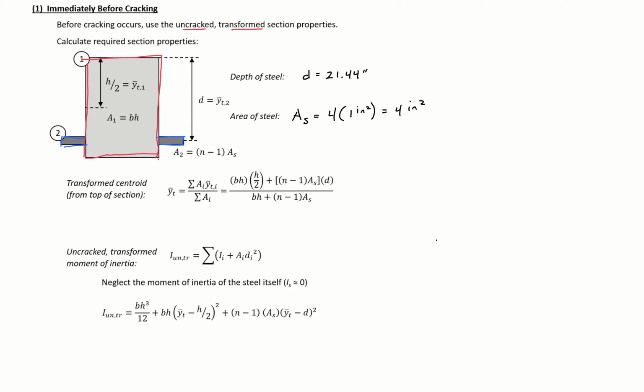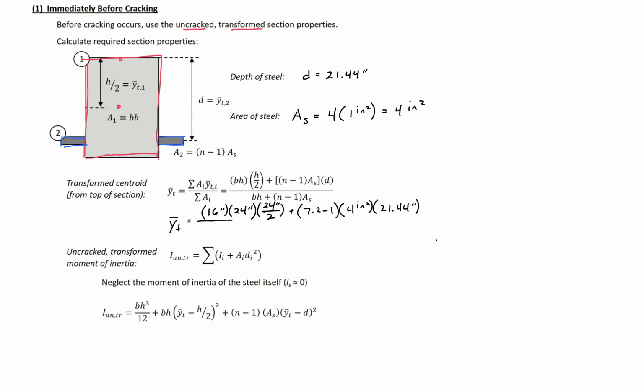And the centroid is just going to be equal to the summation of these areas times the distance from the center of the area to the top, divided by the summation of these areas. So for us, we'll have our yt equal to our base times our height, 24 inches, times our height divided by 2, plus our n minus 1 times our steel area, times the distance from the top to the center of this area, which is just equal to d.